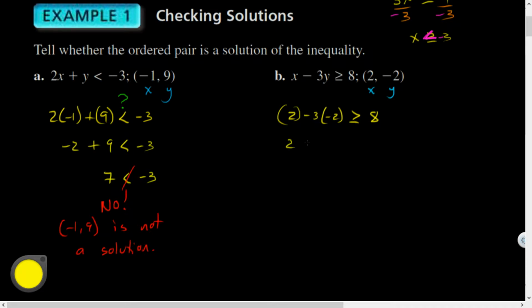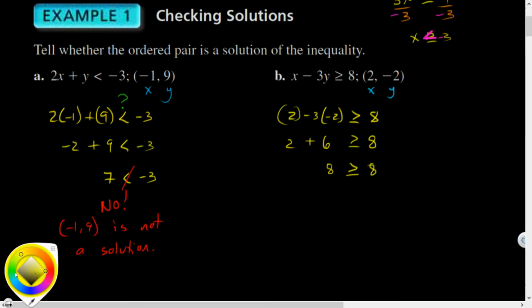So 2, negative 3 times negative 2 is positive 6. 2 plus 6 is 8. Is 8 greater than or equal to 8? Yeah, it isn't bigger than itself, but it is greater than or equal to itself. There we go. And because the equal to part is true, that means 2 comma negative 2 is a solution.